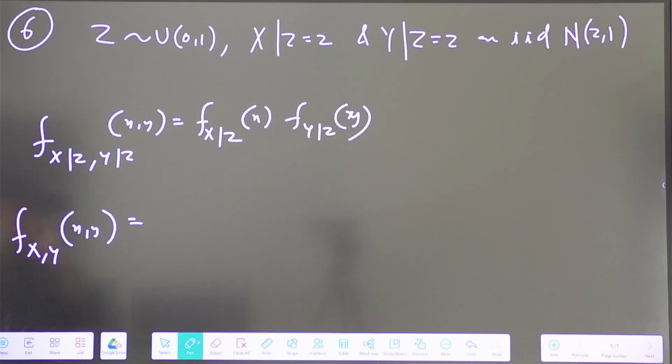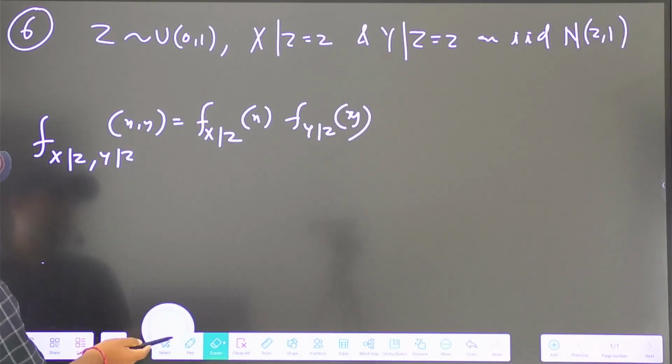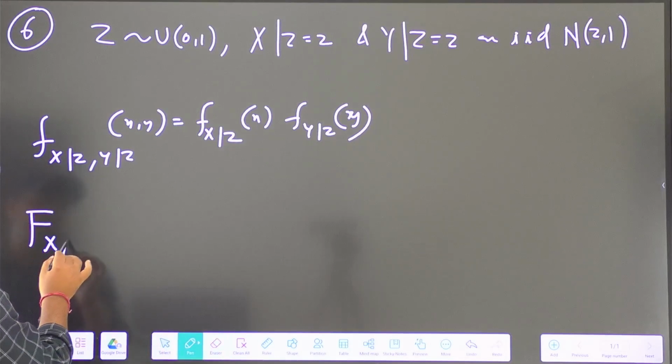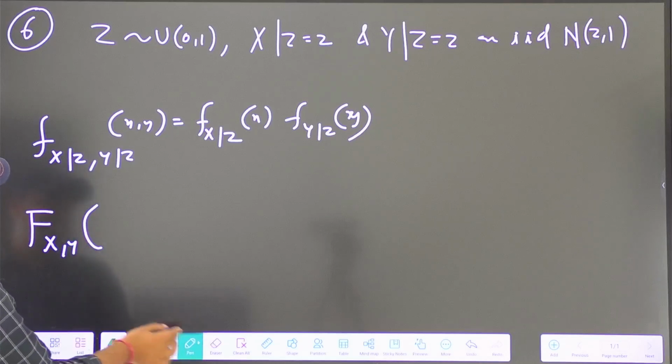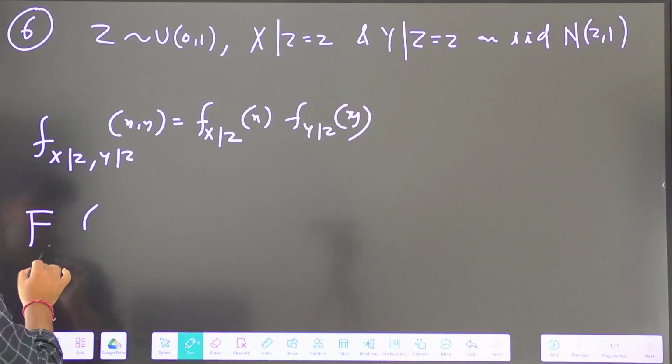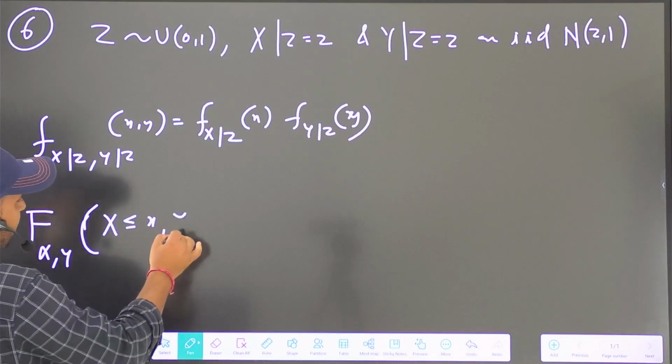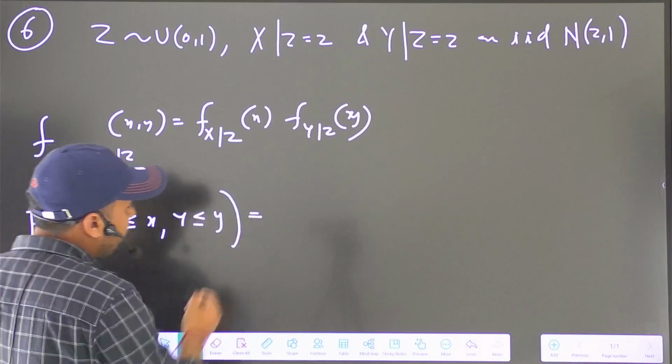How to find this probability? So I think we should go with probability. Okay, so better is to take the CDF. So take the CDF: F of x, y, that is, capital X less than or equal to x, capital Y less than or equal to y.